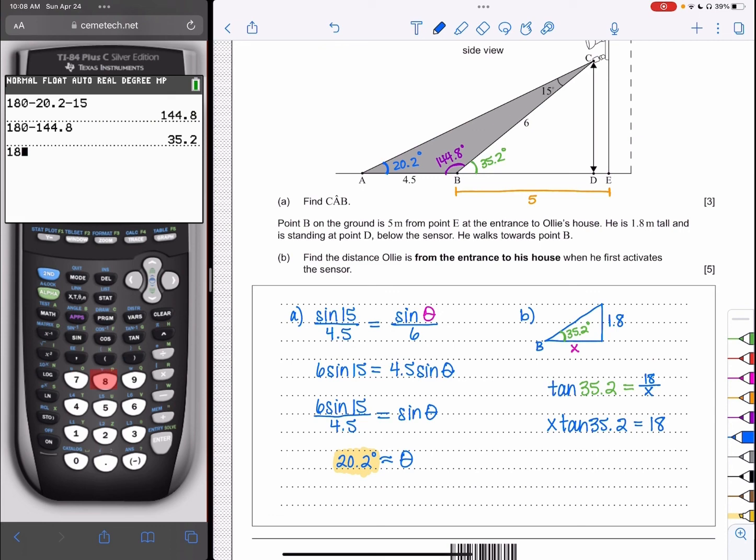So if I have 1.8 divided by tangent of 35.2, I will end up getting that x is approximately 2.55. So that's how far he would be. And that should be 1.8, not 18.